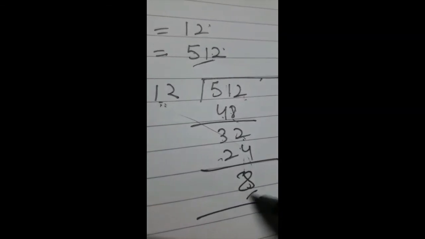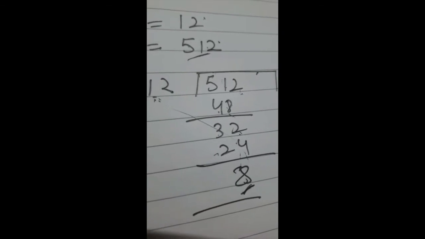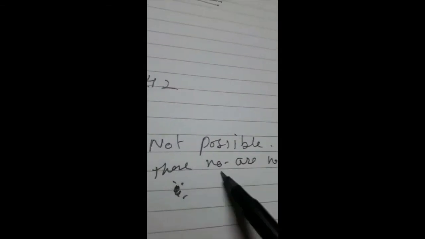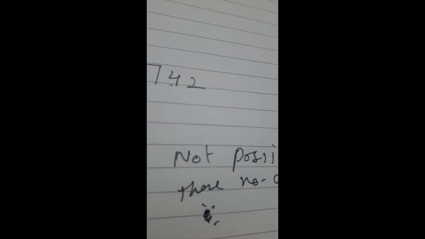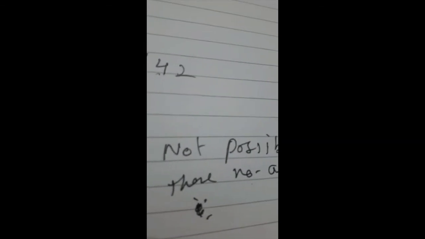The minus, there is 8 as a remainder. That means it is not divisible by 12 totally. That is not possible. There are no numbers having the HCF 12 and the LCM 512.